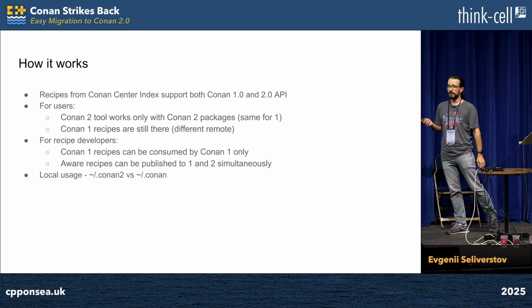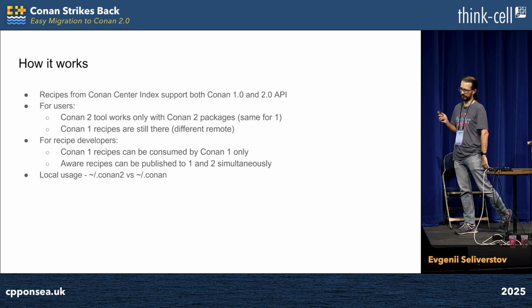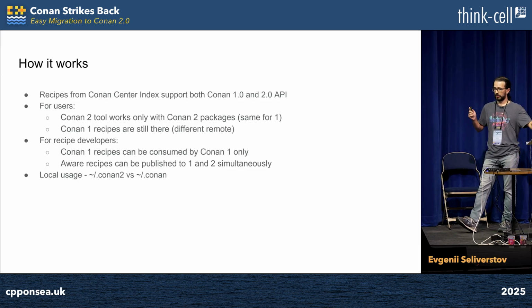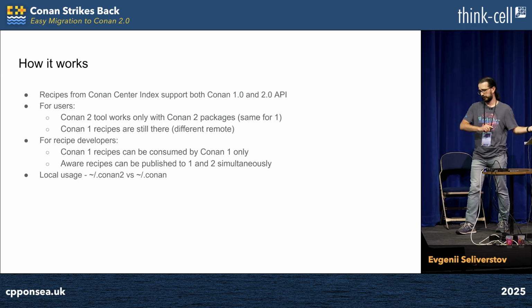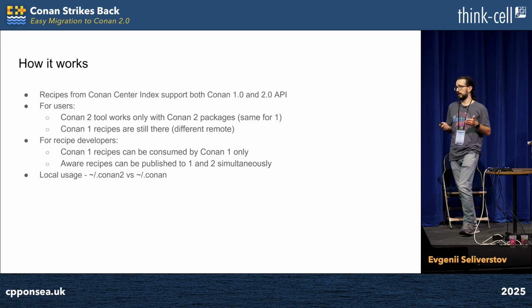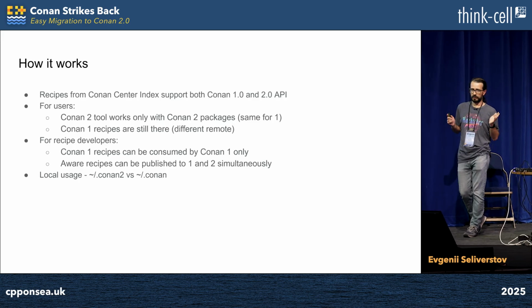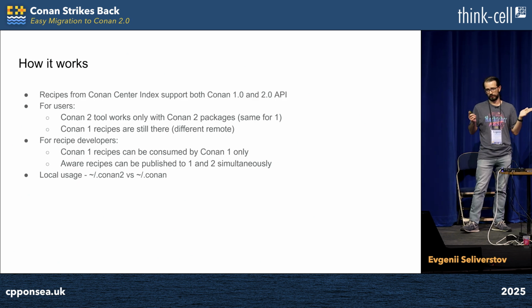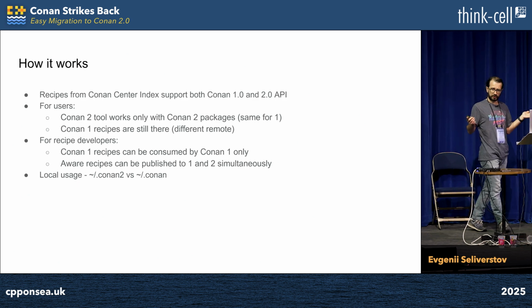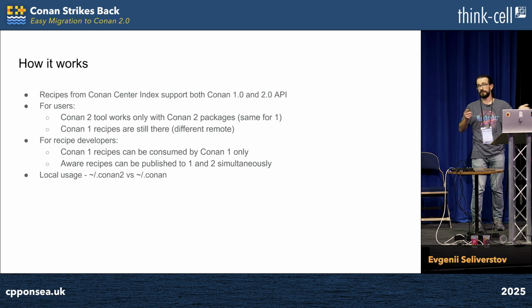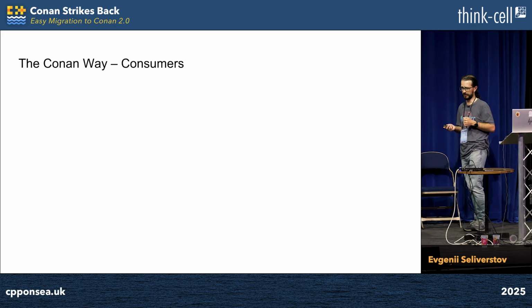For recipe developers, recipes for 1 can be referenced only by 1, but if you work with recipes for Conan 2, you will be able to publish to both Conan 1 and Conan 2 repos. And if you're a developer who consumes the libraries, you can just use different directories in the local system.